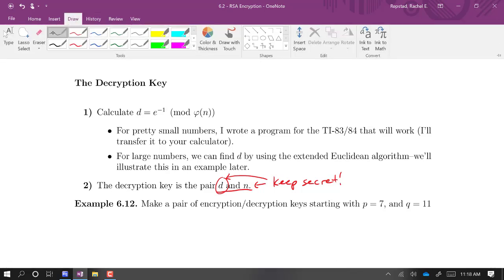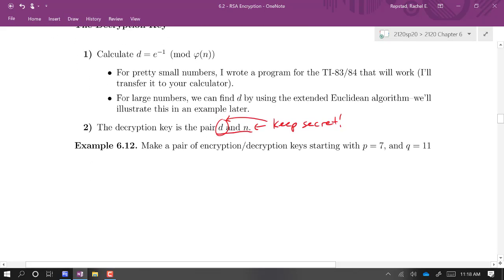So if we make some encryption and decryption keys starting with the primes 7 and 11, first of all, obviously this would not be used in practice. These numbers are way too small, but it'll give you the idea of how we do this. And then I'll show you how we can get the inverse mod phi of n. So the first thing for the encryption key, we picked the primes, and now n is p times q, which is 7 times 11, or 77.